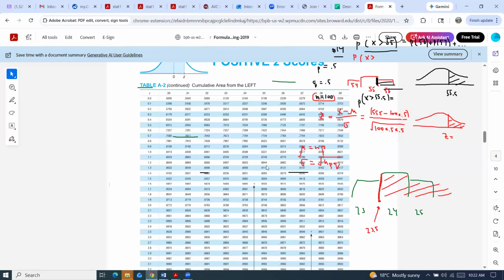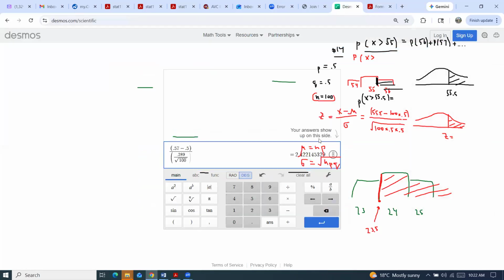So let's try to use the calculator. As usual, I use my favorite, Desmos. So 55.5 minus 100 times 0.5, or half of 100, which is 50. Don't forget, use parentheses around this.